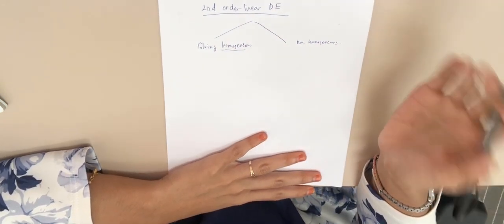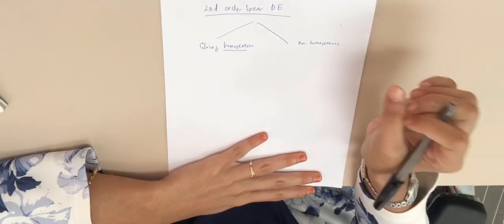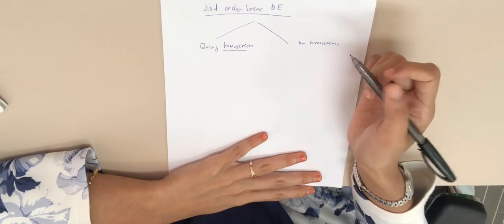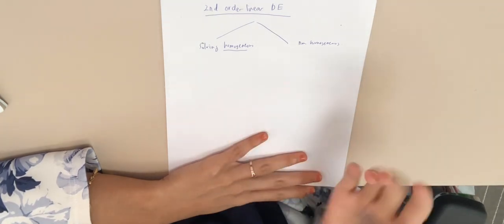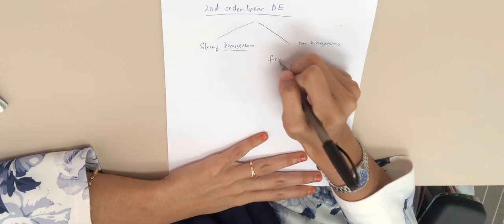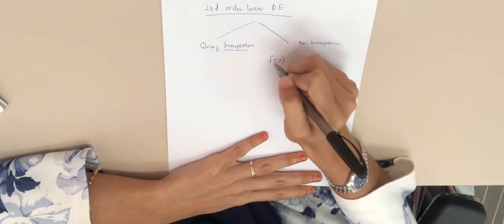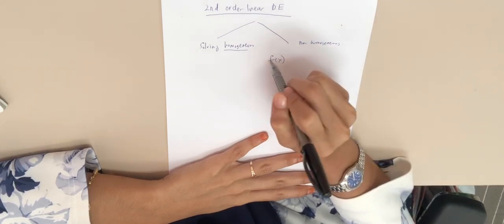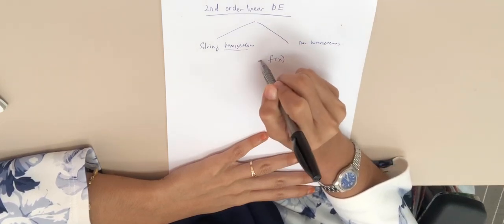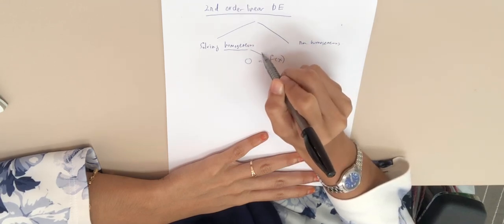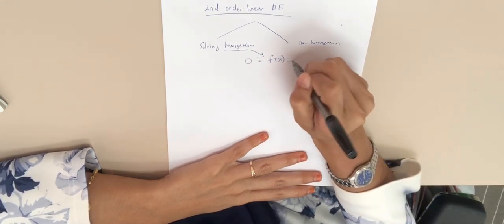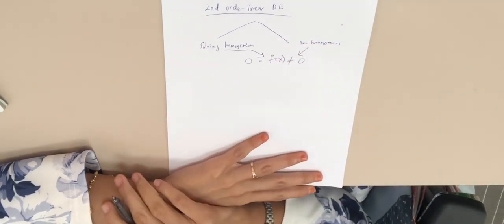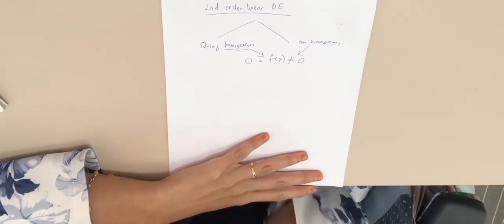The differentiation between homogeneous and non-homogeneous is on the value of f(x), the function. If your f(x) is equal to 0, that means it's homogeneous. If your f(x) is not equal to 0, that means your differential equation is non-homogeneous.